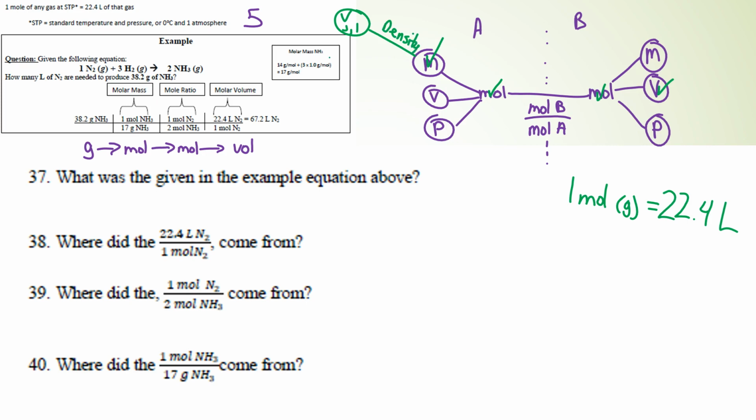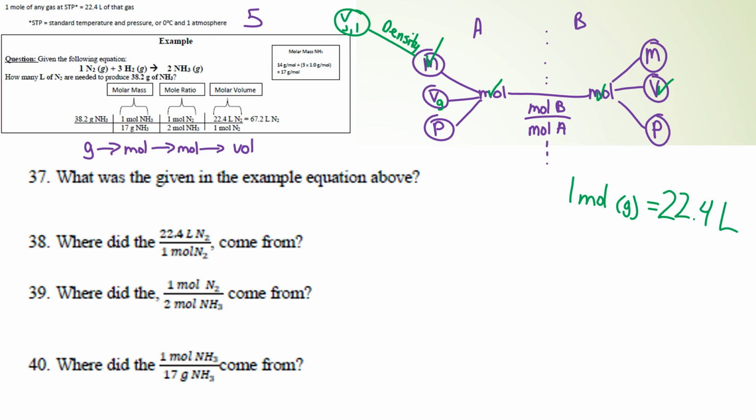If you're dealing with a solid or liquid, we have to go from volume to mass first, and then we can go to moles. But if we're dealing with a gas, we can go directly from mole to volume. So we have this established relationship. This is called the molar volume constant that we're going to use.